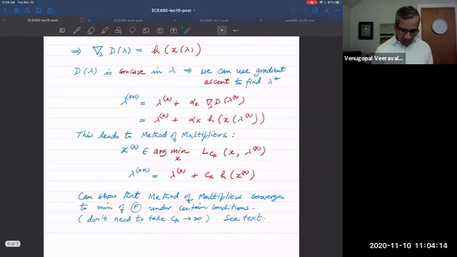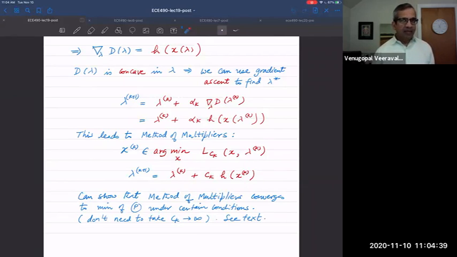And this led to this method of multipliers, where you minimize this augmented Lagrangian over x, but in each iteration you also update your lambda using this gradient ascent step. And this gradient ascent step should basically take you towards lambda star.